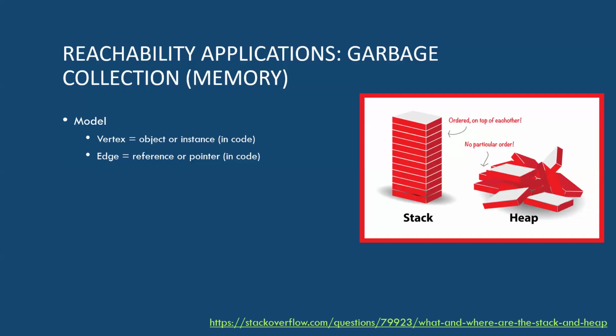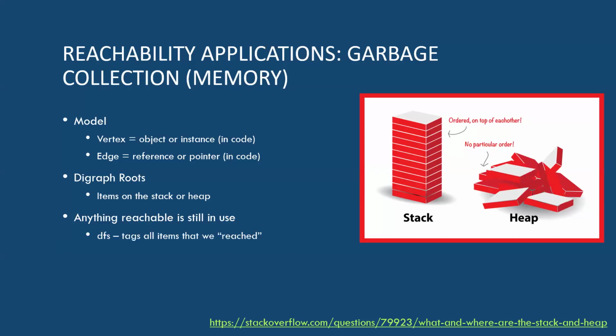And so if anything becomes untethered, right, unreferenced without an edge, sort of floating freely out there, then it becomes a candidate for the garbage collector to come around and return it to some pool of memory that we can ask for later on. And that's typically done with things that are on what we call the heap, right? They're all just sort of floating out there in memory somewhere. So this would be another great example of using a digraph to keep track of that stuff and keep things in order. Okay.